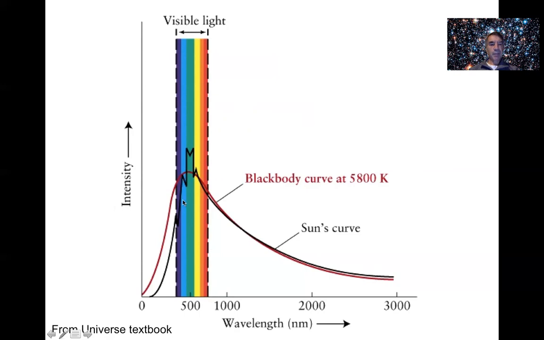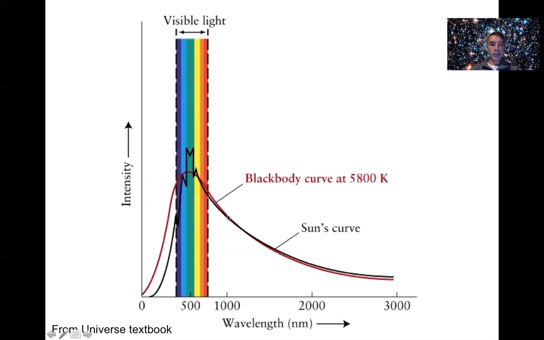And you can see that the black curve here is a representation of the observed spectrum from the sun. And so you see it peaking here, in the yellow-green part of the spectrum, which is why the sun appears yellow in the sky.